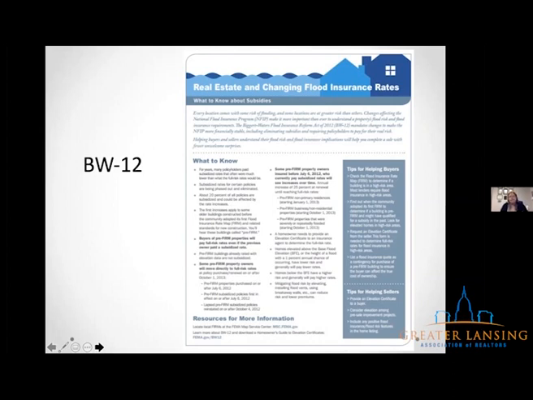So in the next two sessions, that's what we're going to talk about: how to get you out of a flood zone, and if we can't, how do we specifically get those premiums down? That would all be with these couple documents that we talk about.